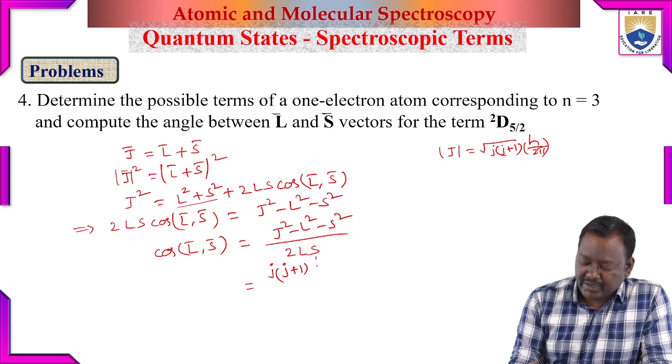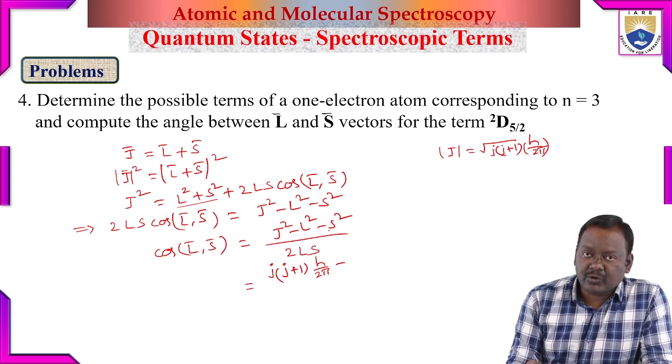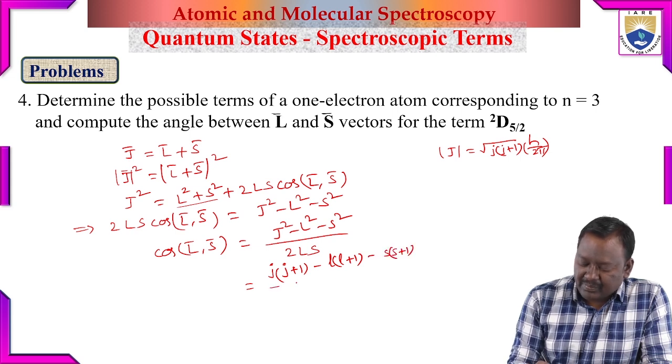Here we need to write h by 2 pi for L and S as well, otherwise we can easily cancel h by 2 pi in each and every term, in both numerator and denominator. So we remove it to simplify for our convenience: J into J plus 1 minus L into L plus 1 minus S into S plus 1, divided by 2 into square root of L into L plus 1 and square root of S into S plus 1.